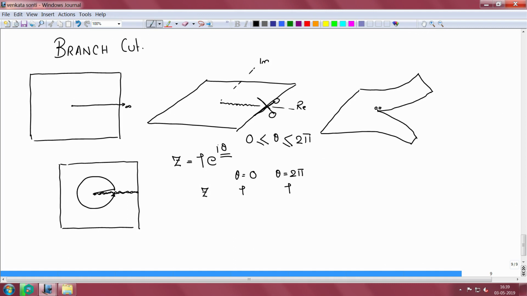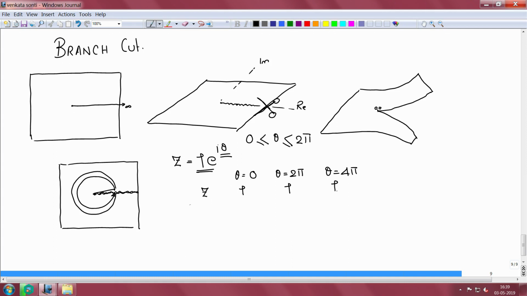Now, if I go around once again, my theta goes to 4 pi, and again my z is back to rho. Okay. So, z is reaching the same value at the same place. So, that is analytic.